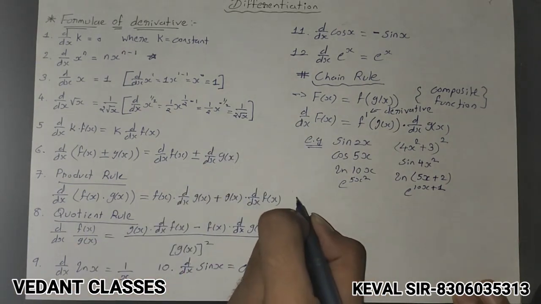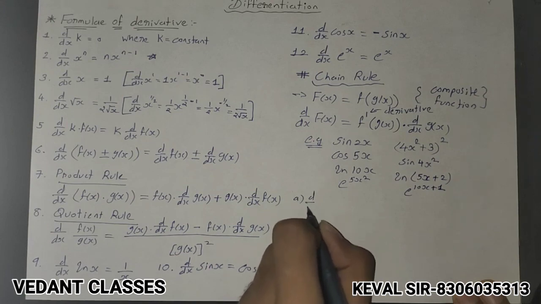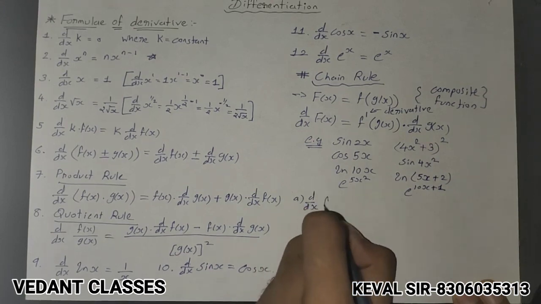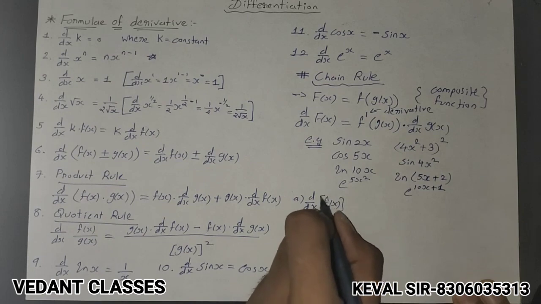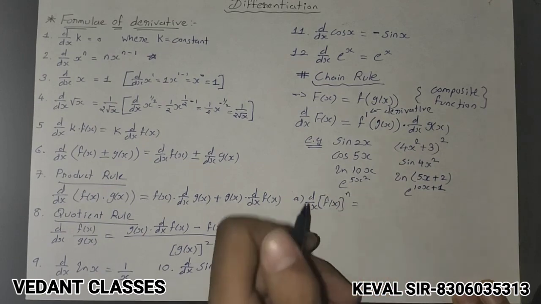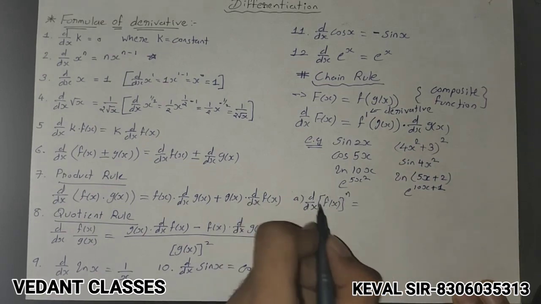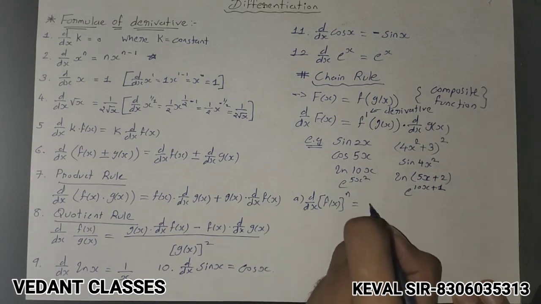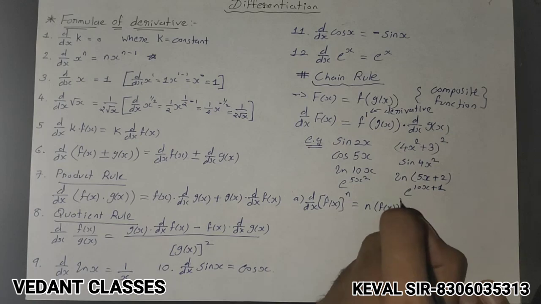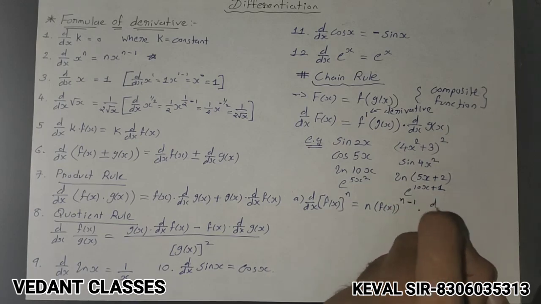Let's say d by dx of (f of x) the whole raised to n. Here a power is there as well as f of x. So the formula will be n times (f of x) raised to n minus 1 dot d by dx of f of x.